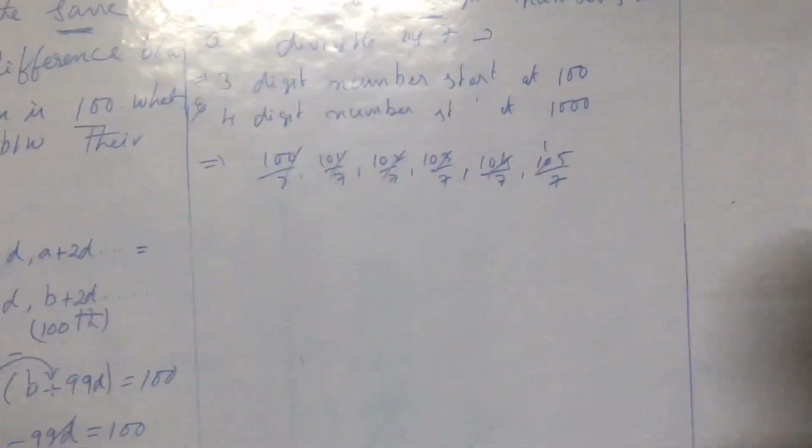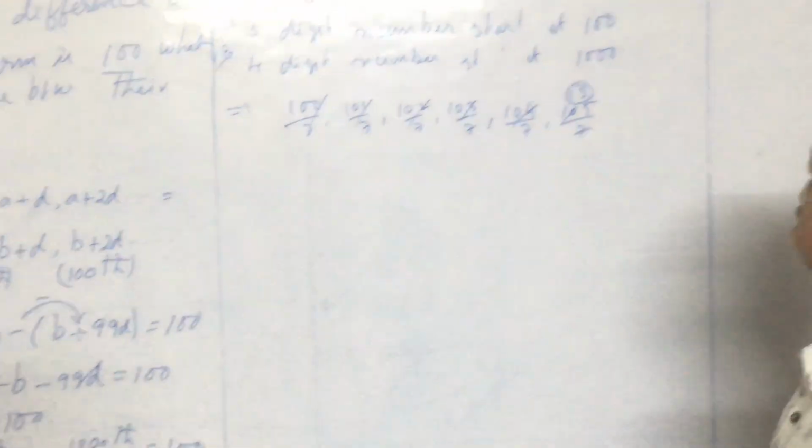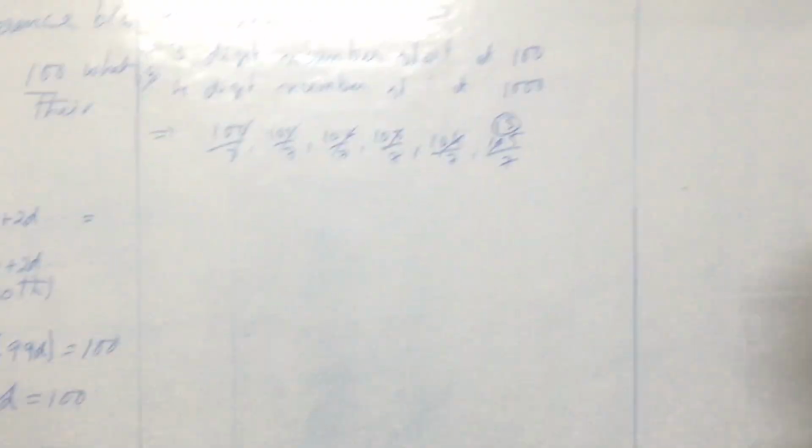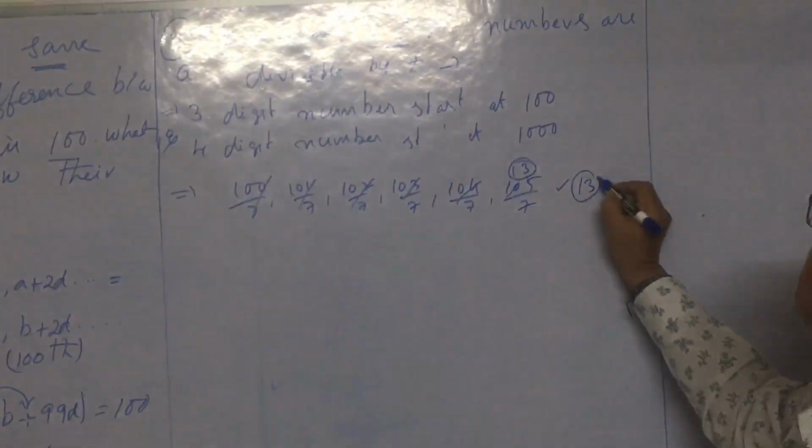It is divisible by 7. What is the number? It is the AP.